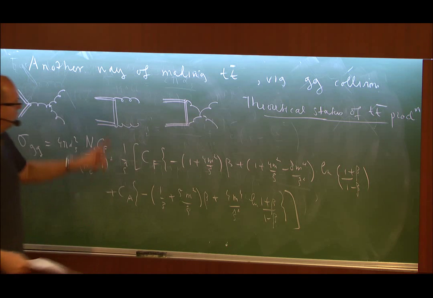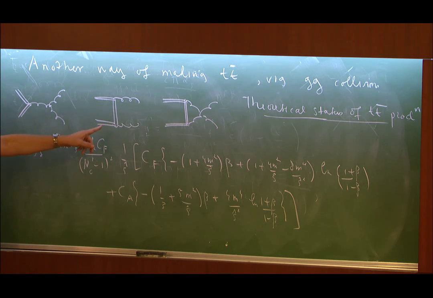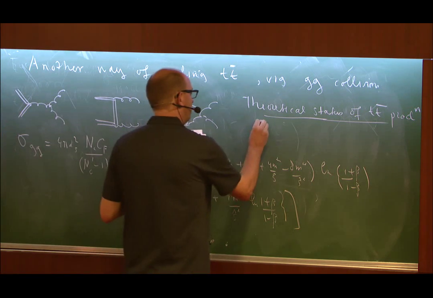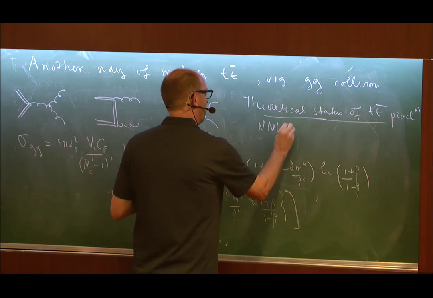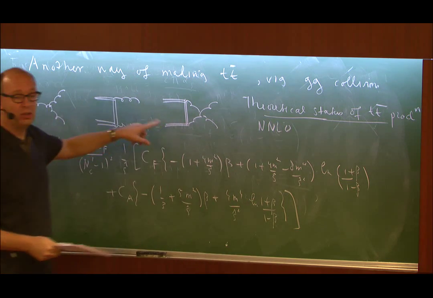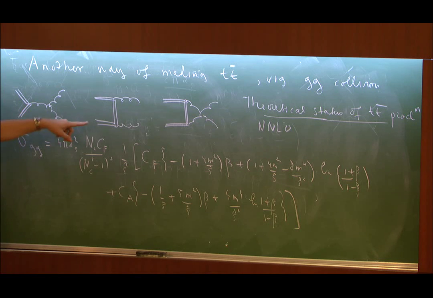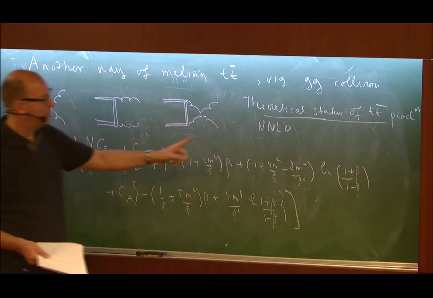If you would include one loop corrections to this and also one radiation corrections, combine it all consistently, we'll do that for another reaction in the course, then you would do next to leading order. The status is next to leading order. So it includes two loop corrections to these diagrams, one emission with one loop, and two emissions. All of those ingredients go into the NNLO correction.